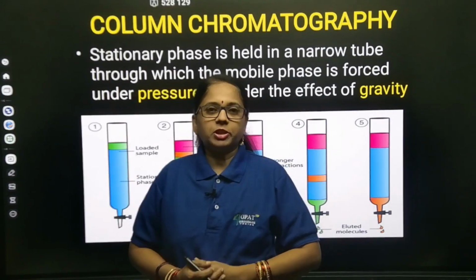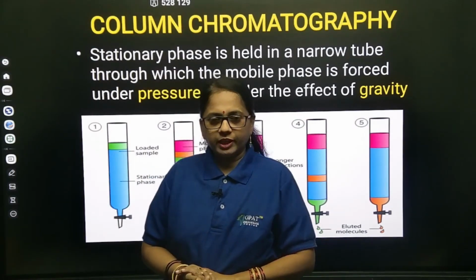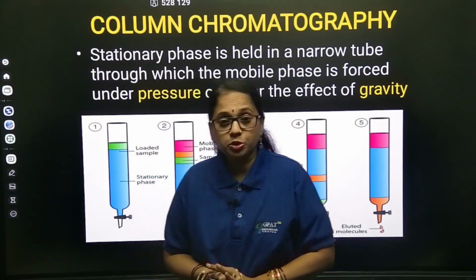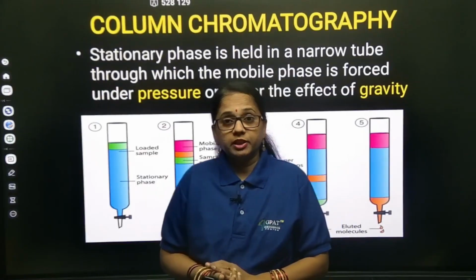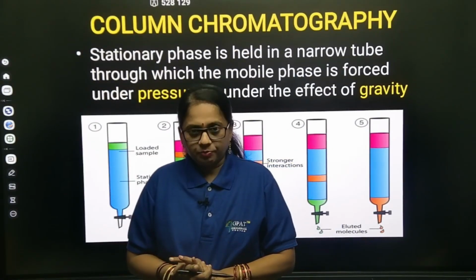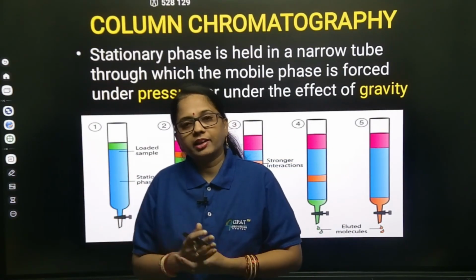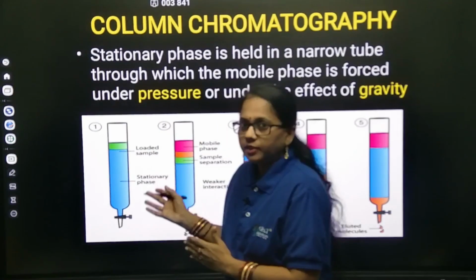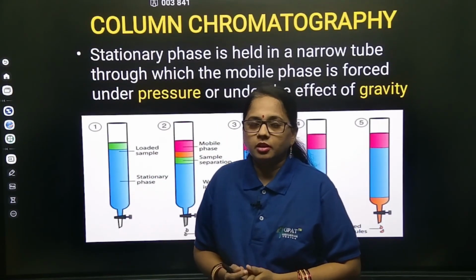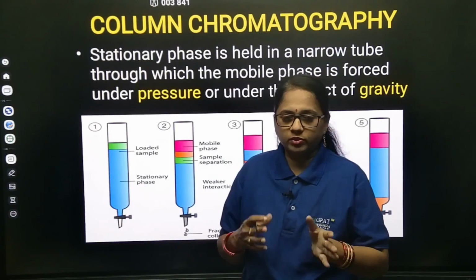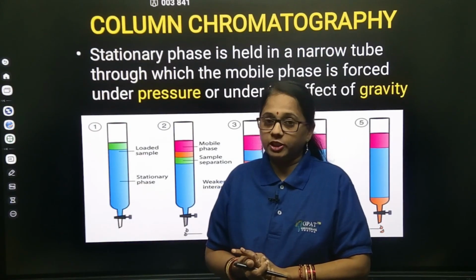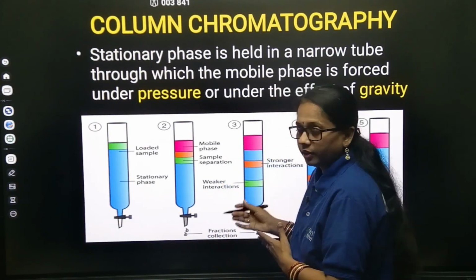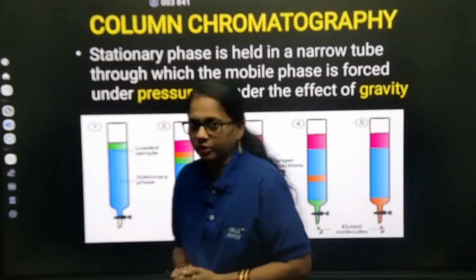Another chromatography technique is column chromatography, which is widely used in departments like pharmacognosy, right. Because plant extracts can be separated, and the chemical constituents expected in those extracts are separated by this column chromatographic technique.